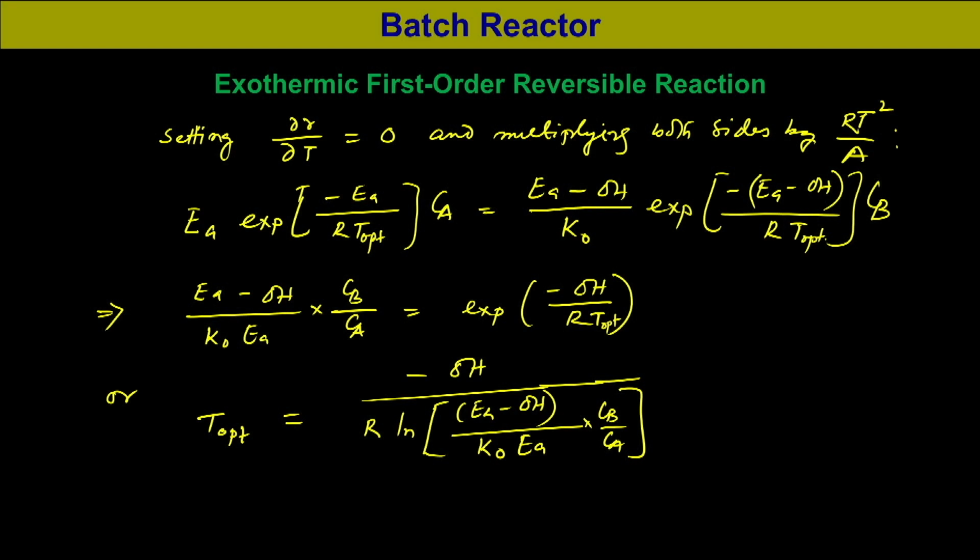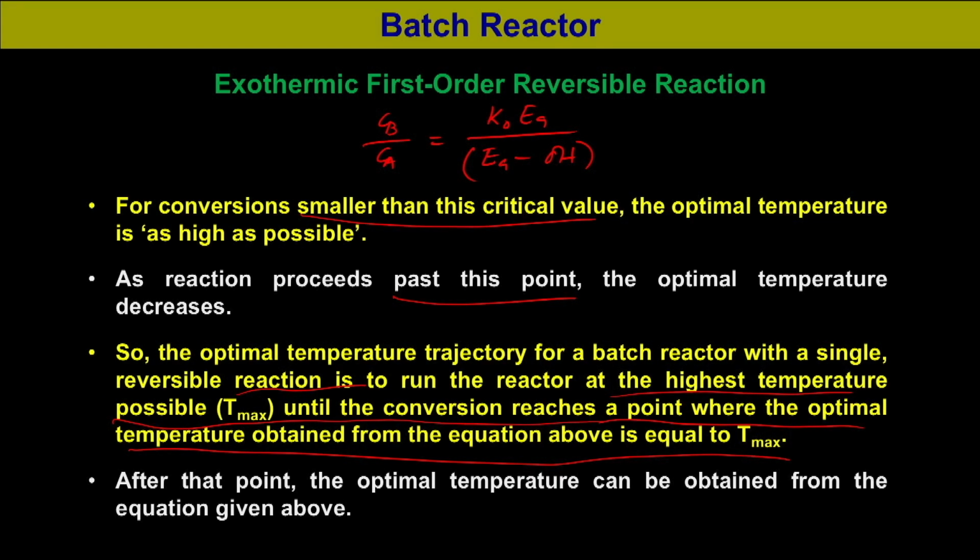That means, here Cb by Ca naught is equal to K naught into Ea divided by Ea minus delta H. So, this is the limit where the temperature becomes infinite.